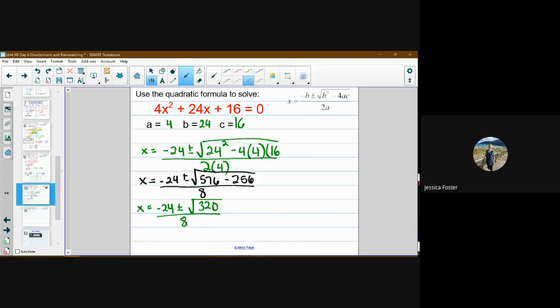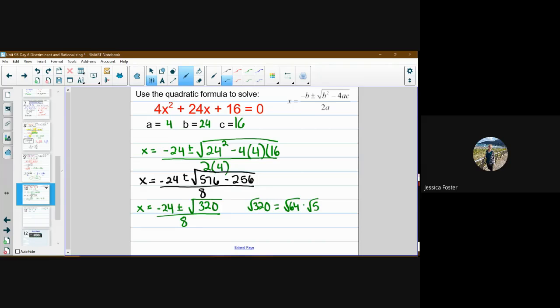Let's go. 100 doesn't. So does 81 go into it? 81. 320 divided by 81. Doesn't work out. Okay, what about, that was 9 squared, 8 squared. Does 320 divide by 64? Hey, it does. It works out. So the square root of 320 can be broken into the square root of 8 squared, which is 64, times the square root of 5.